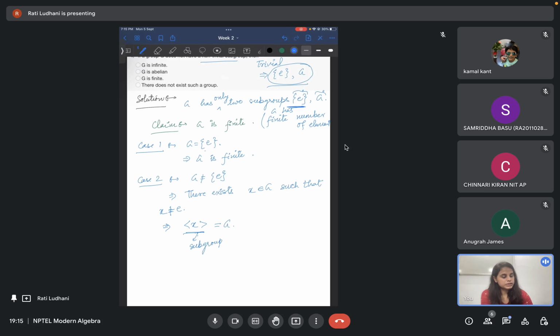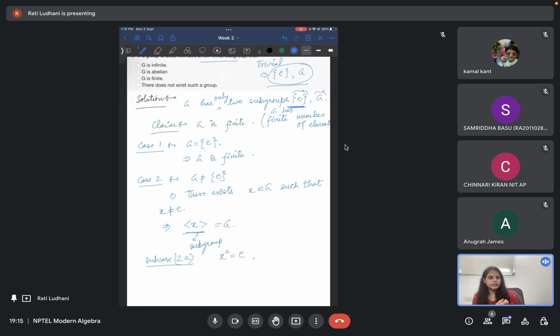Now I am taking subcase 2a. I am saying x square is identity.